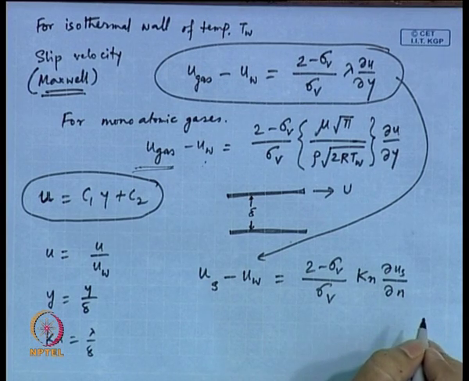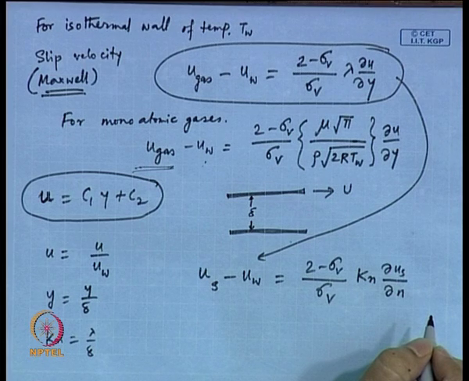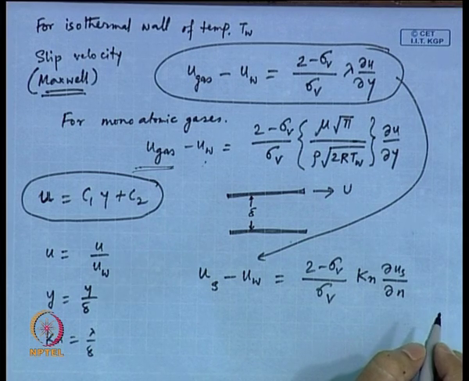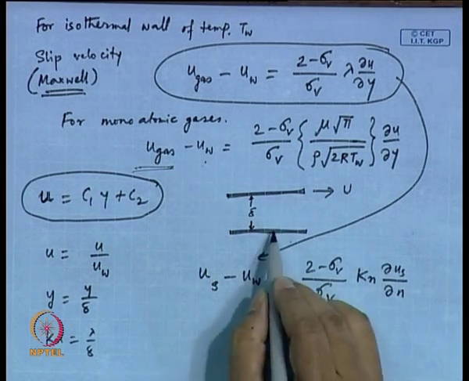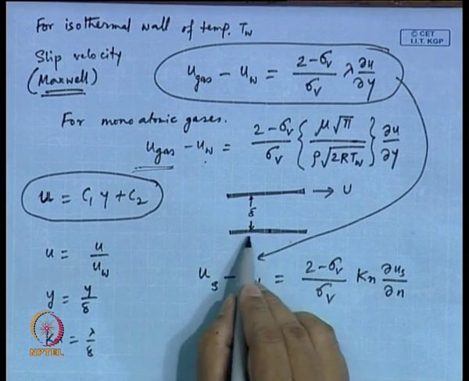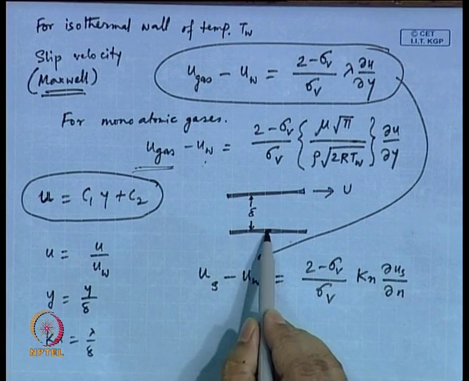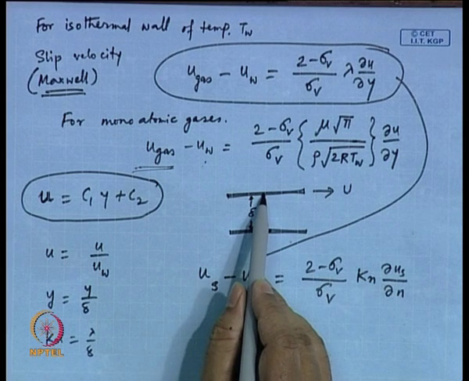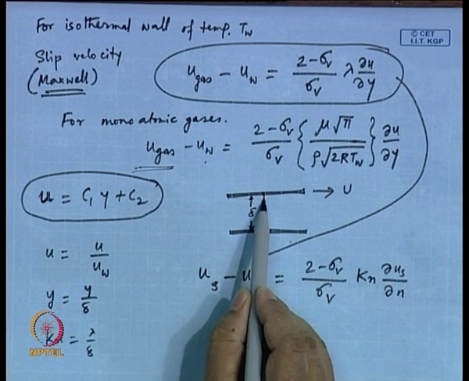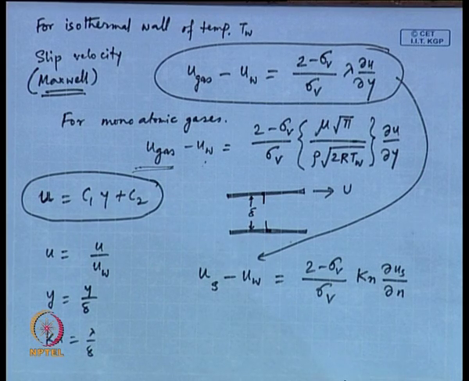What is n? n is basically normal to this plate. So, n is equal to y here for this problem, n is equal to minus y for this part of the wall. n is the normal.